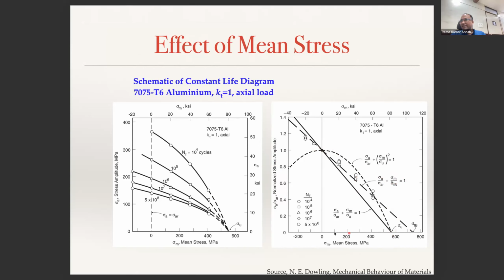On the x-axis it is still linear, because it's a parabola about the y-axis, so sigma a by SF plus sigma m by SUT whole square is equal to 1 is the representation for Gerber's parabola. And this one is what we call the Goodman line.